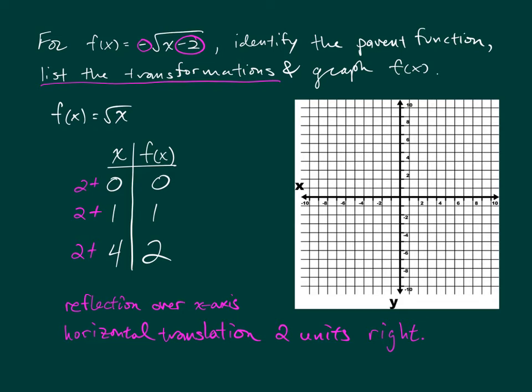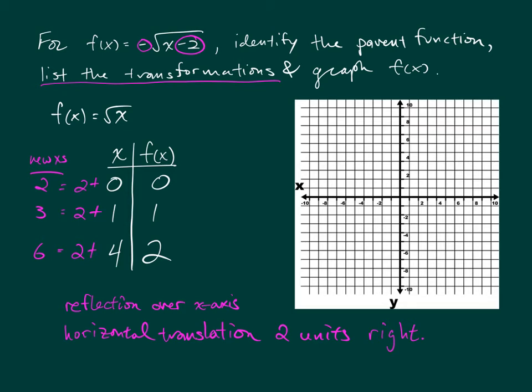And so we'll get some new x coordinates over here. This will be 2, this will be 3, and this will be 6. So these are my new x's. And since the reflection over the x-axis is happening, this negative up here is not grouped up with x. So this negative is affecting the y values.